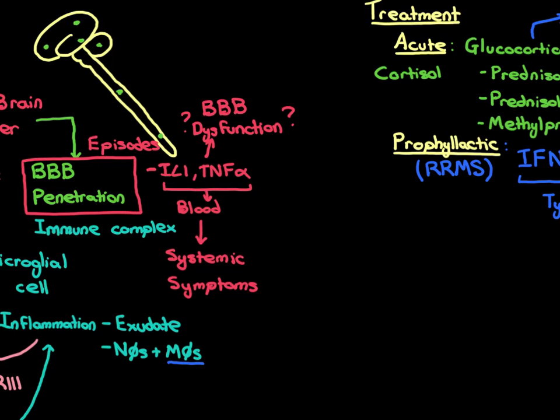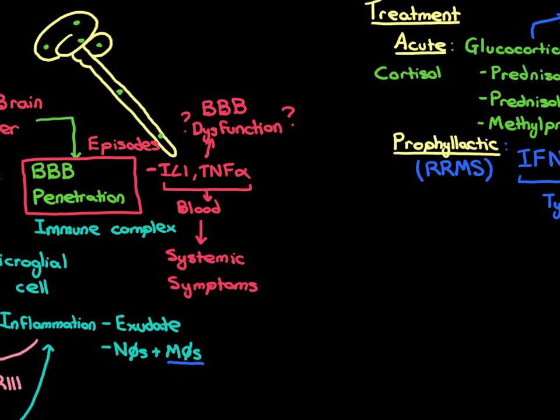Maybe this protects people from getting flu, which is caused by the influenza virus. It will protect you maybe against getting colds, which are caused by rhinoviruses and coronaviruses. It might protect you against getting gastroenteritis, which is often caused by norovirus or rotavirus. So maybe it actually protects you from getting severe infections, which then would cause elevated levels of pro-inflammatory mediators, interleukin-1 and tumor necrosis factor alpha, which then cause the episodes of blood-brain barrier penetration.